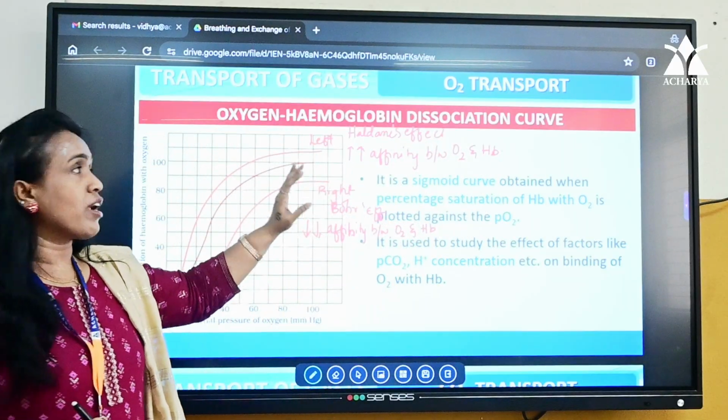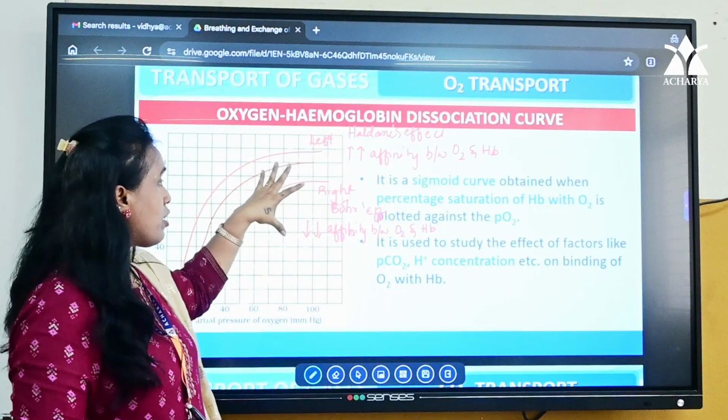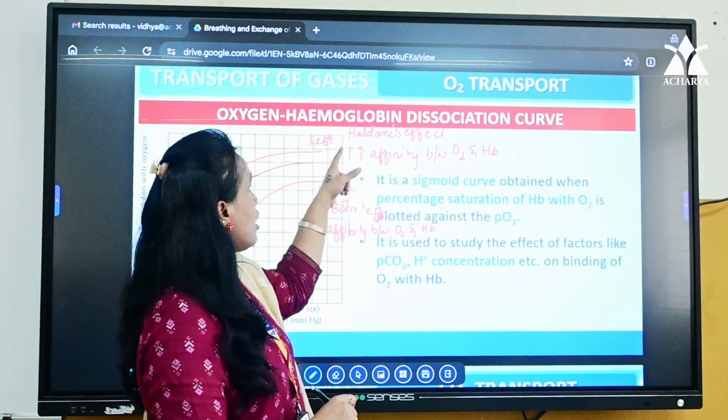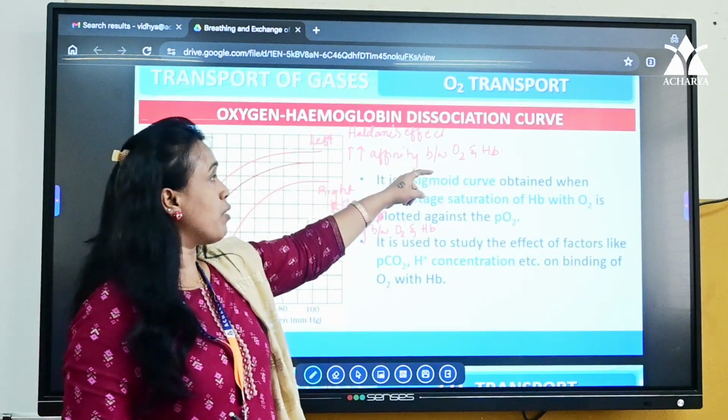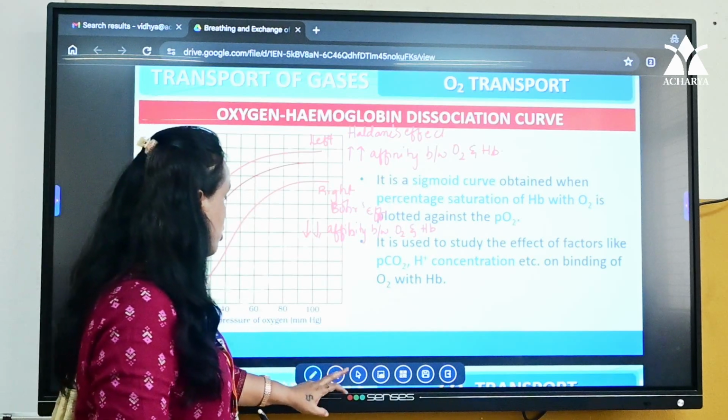So right and left we need to remember: at right it is decreased affinity between O2 and Hb, and at left side it is increased affinity between O2 and Hb. So this is the dissociation curve.